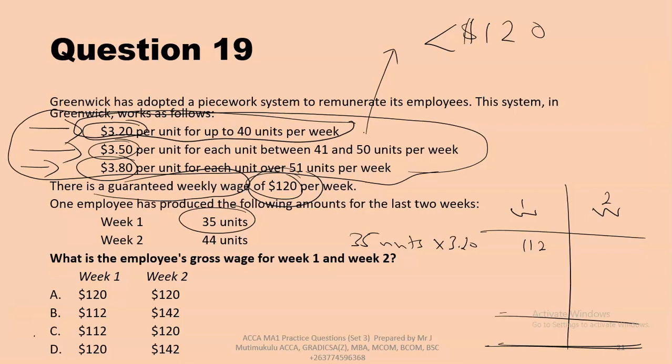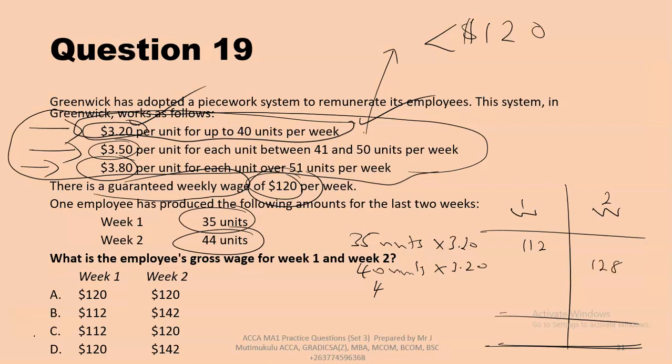Then in week 2, they worked 44 units. We first determine the pay they get. We use the 40 units first, then we have 4 additional units. Remember, the first 40 are paid at the rate of $3.20. So 40 units multiplied by 3.20 gives us 128.